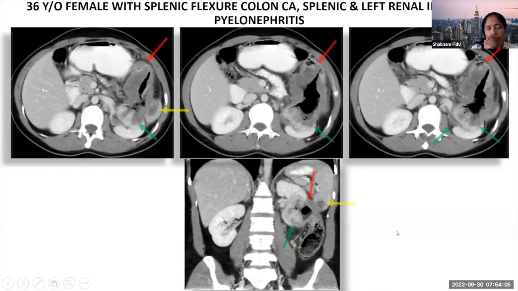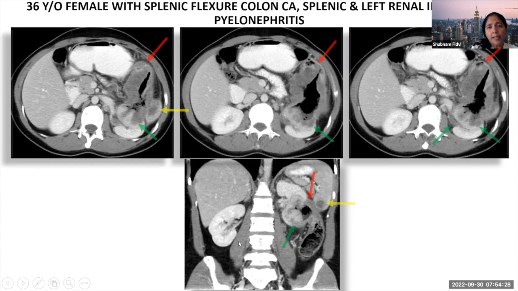This was a relatively young patient, a 36-year-old who presented through the emergency room when I was on call, and she turns out to have a colon cancer involving the splenic flexure, which is shown by the red arrows on the axial and coronal images. Her colon cancer is locally invasive.